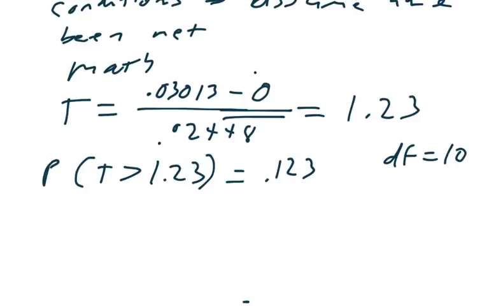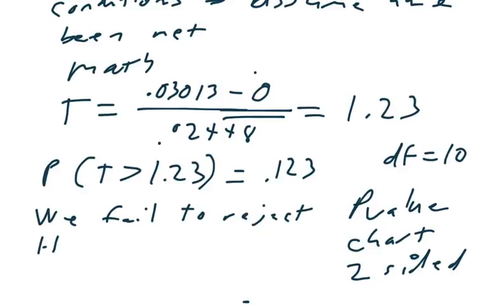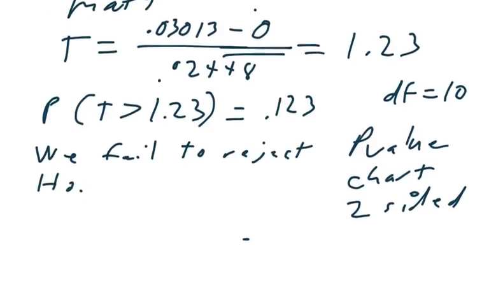The p-value in the chart is always going to be the two-sided version of the hypothesis test. So we are going to fail to reject H0.